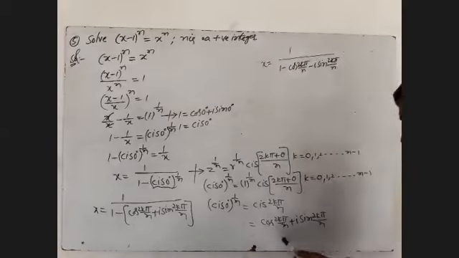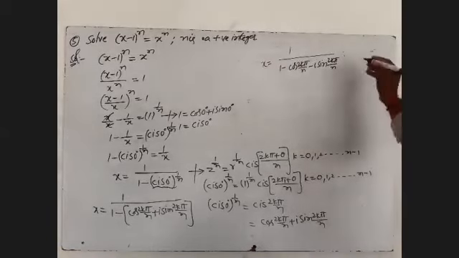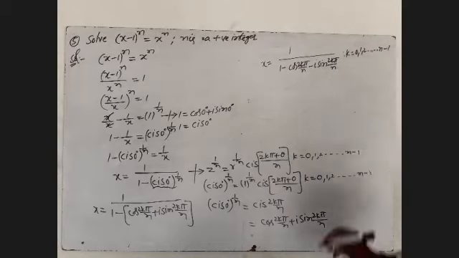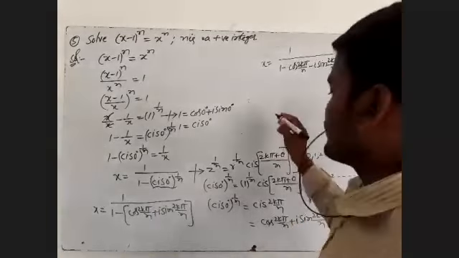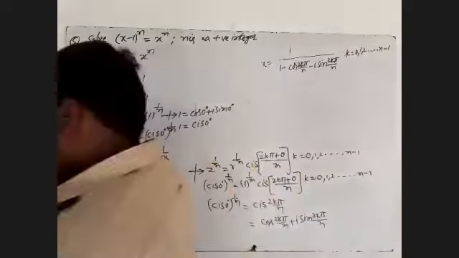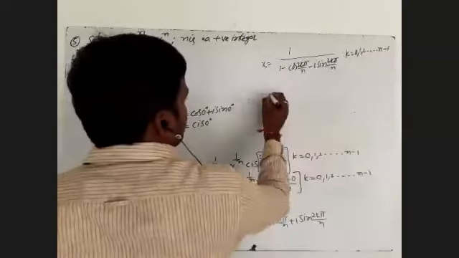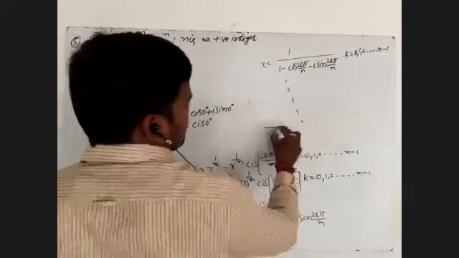Already we know the value of k here, where k is nothing but 0, 1, 2 and so on up to n minus 1. Finally we have to solve this one. Finally we will write the answer is 1 by 2 into, I have to solve this one.